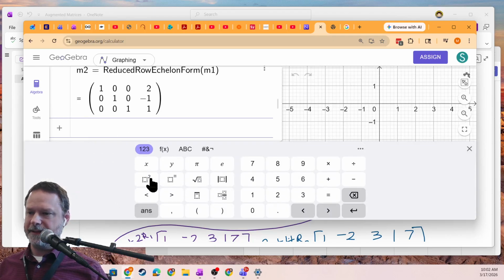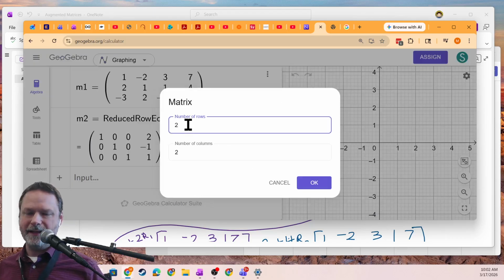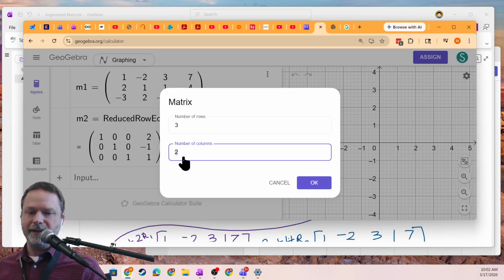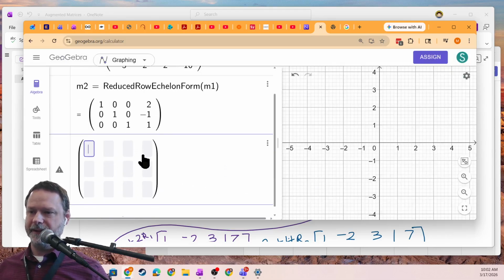All you got to do is hit this, get the on-screen keyboard up, click on the button next to A, B, C, and you tell it how many rows. Well, there's 3 rows because we have 3 equations, 3 unknowns, but 4 columns because you got the other side of the equals. Hit OK, and then you just fill it in.